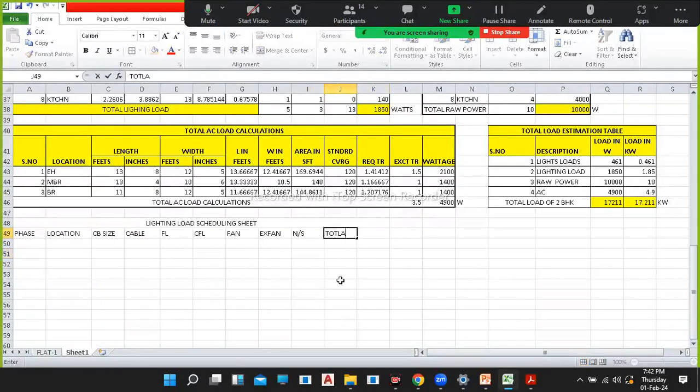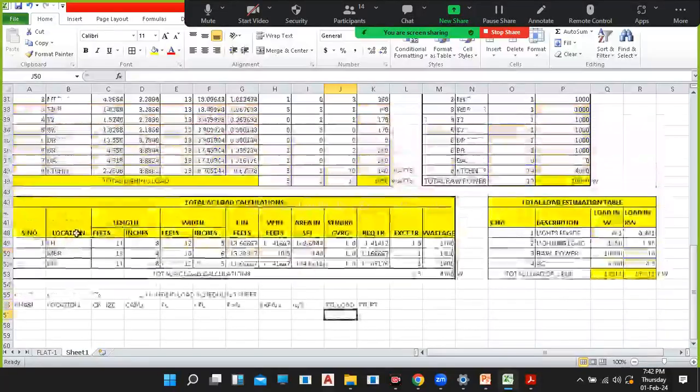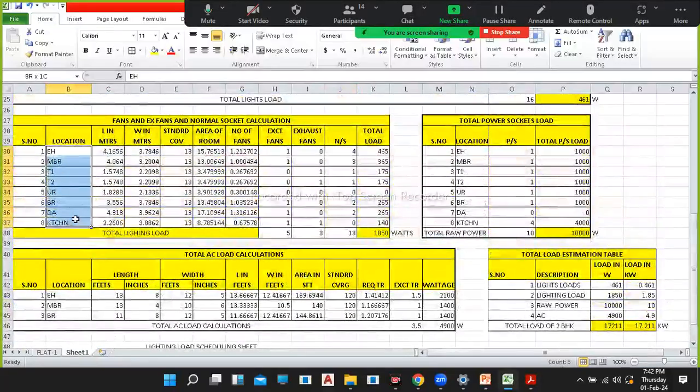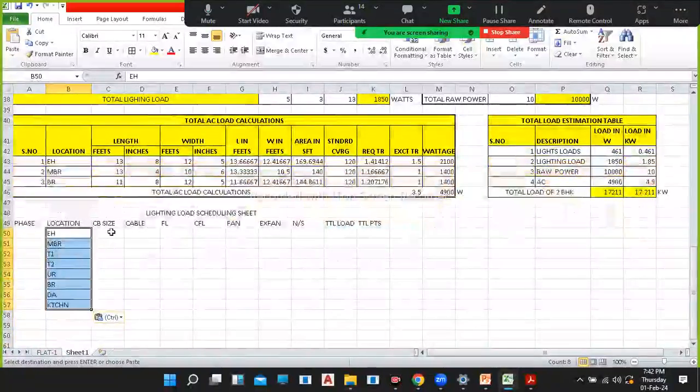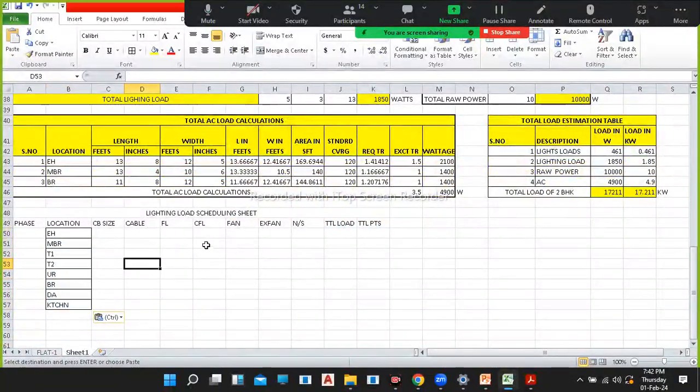Next is total load, total load and total points. I'll write the same thing over here, copy, paste. First, let me place the things, then I'll do the load scheduling sheet.